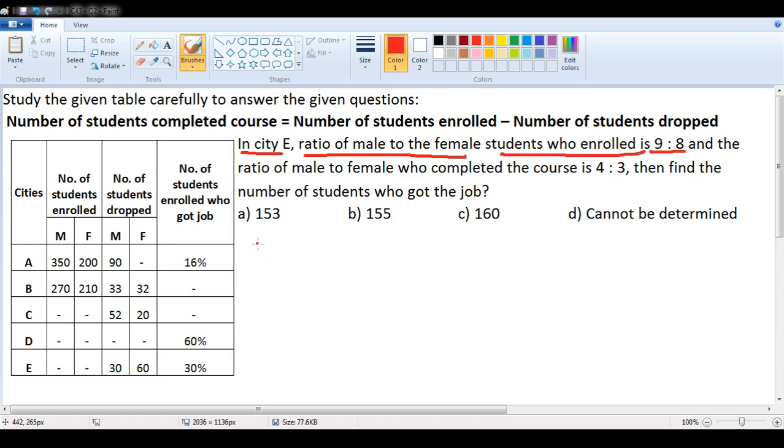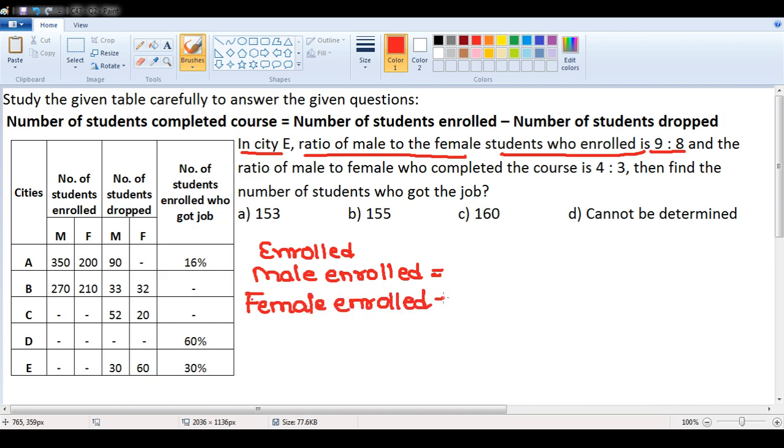That means, if I talk in terms of ratios, male enrolled is 9x and female enrolled is 8x. Total enrolled is 17x, right? Listen to this carefully. Total enrolled is 17x.